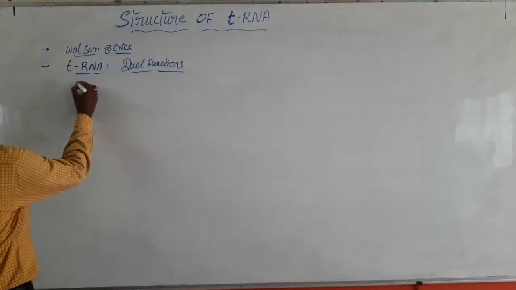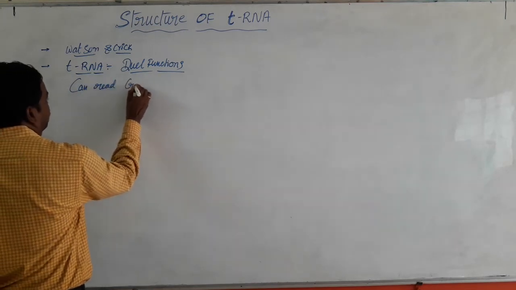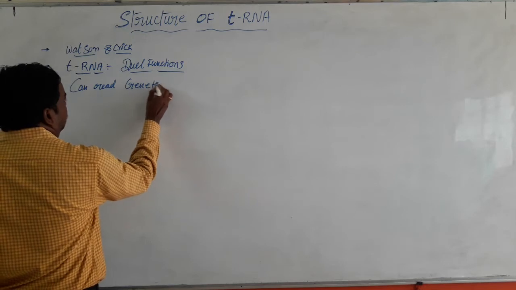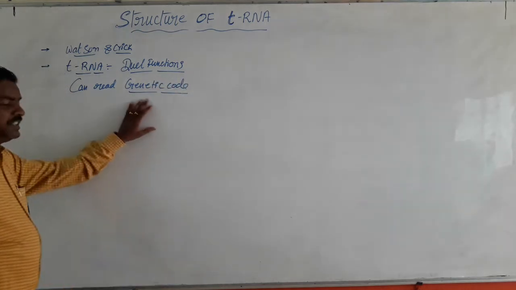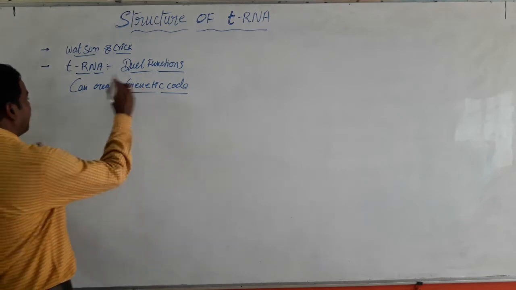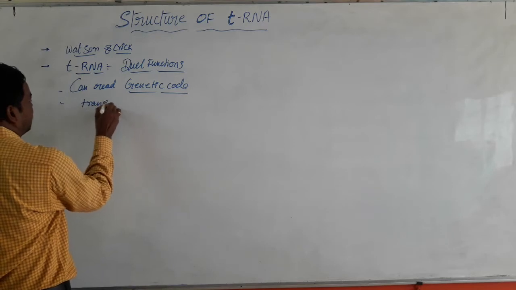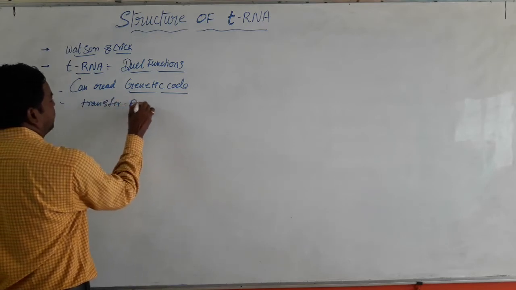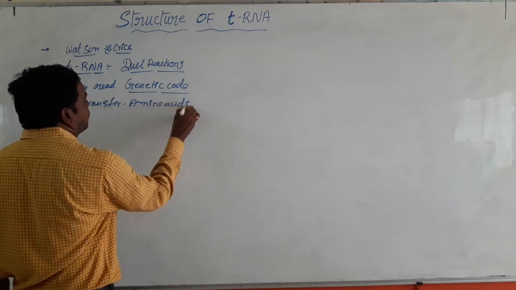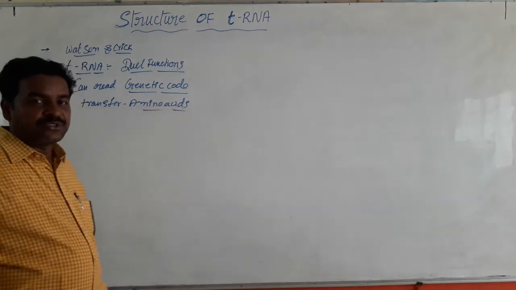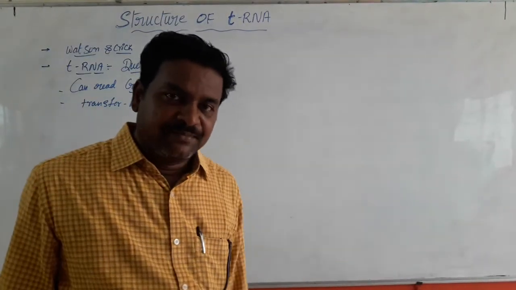On the other hand, it can transfer the amino acids to the regions of ribosomes. So tRNA performs dual functions.